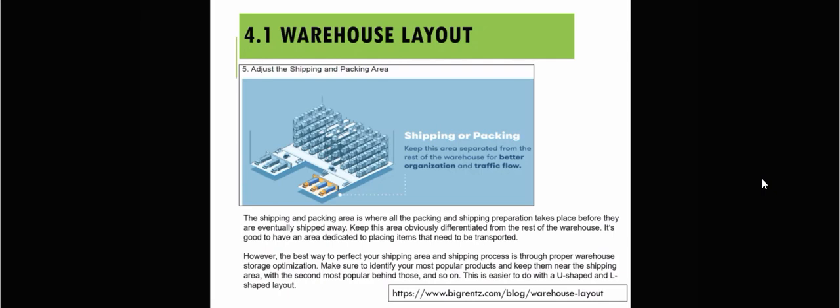Make sure to identify your most popular products and keep them near the shipping area, with the second most popular behind those and so on. This is easier to do with a U-shape and L-shape layout.